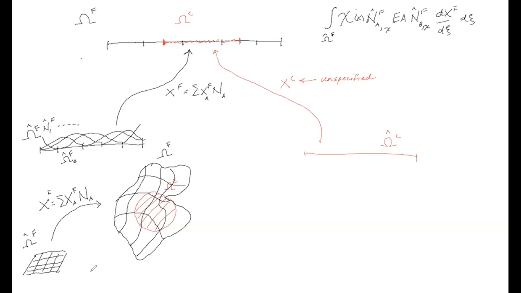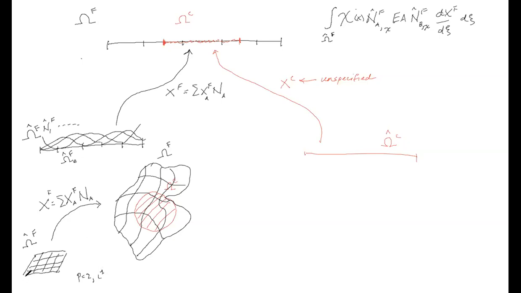So let's say that this is biquadratic C1, so p equals 2, C1.